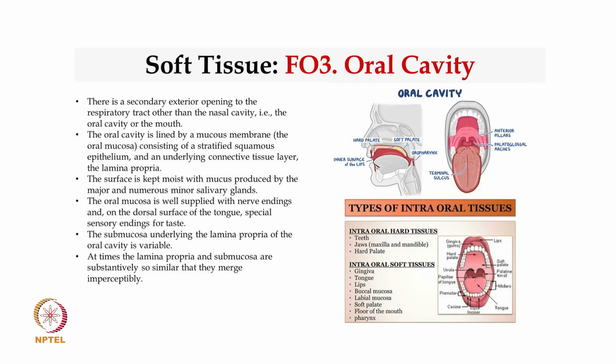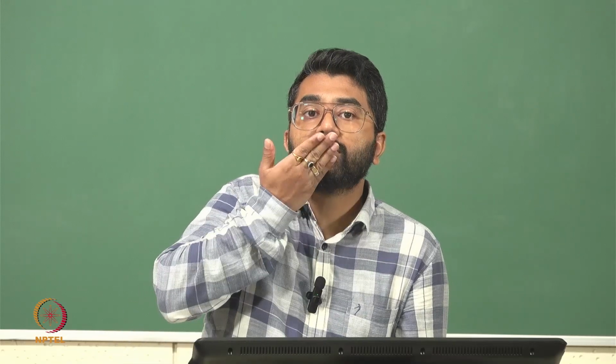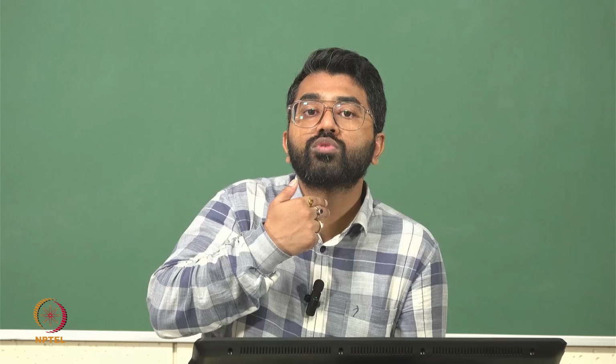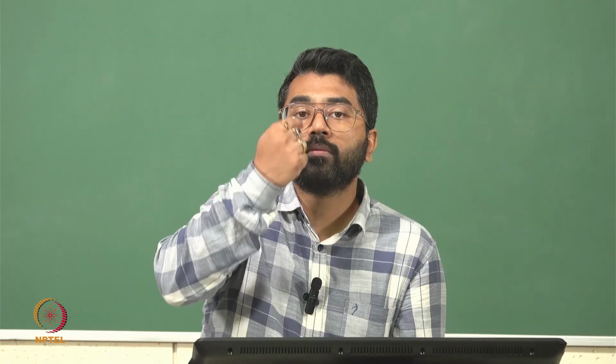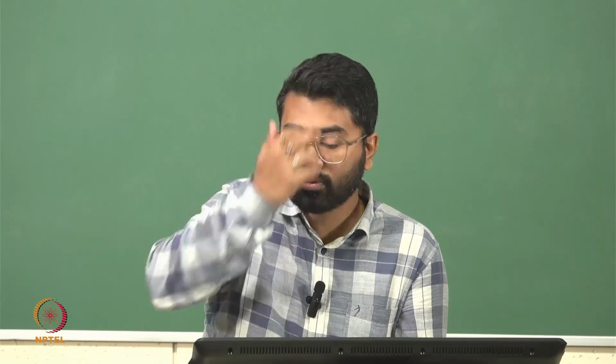So if you look at the anatomical figure here on the bottom right, you can see where the gingiva is. Your gingiva is basically the gums, right? And then you have the lips, then you have the hard palate, which is the top of my mouth, right? Then the soft palate, which transitions from the top of my mouth towards the inside. You have the uvula, which is that small bell-like thing.